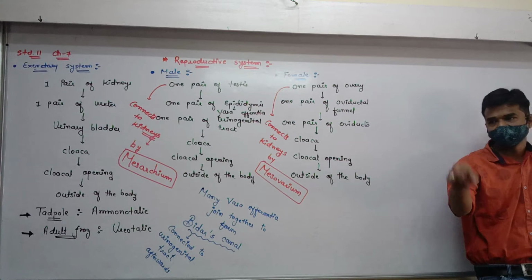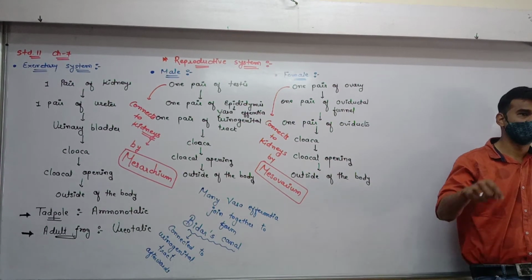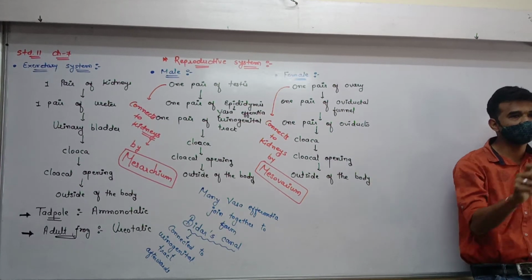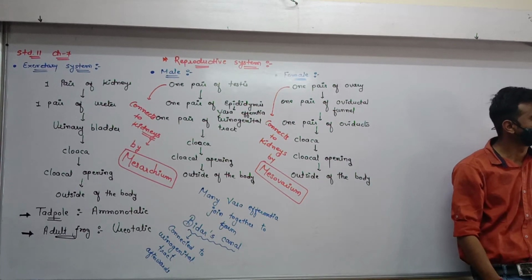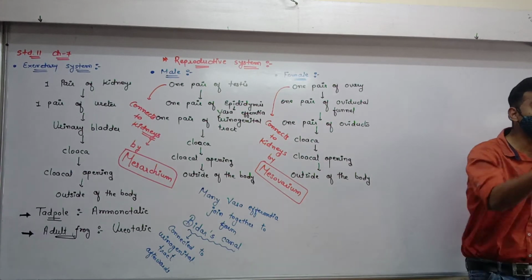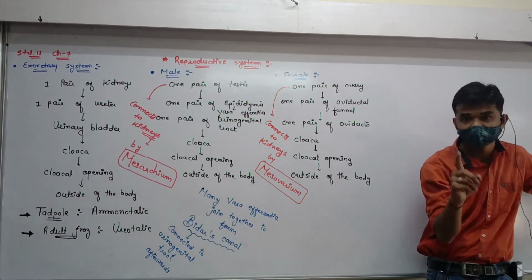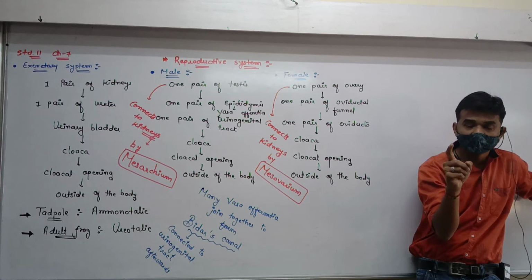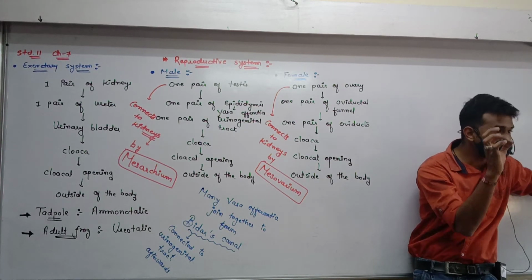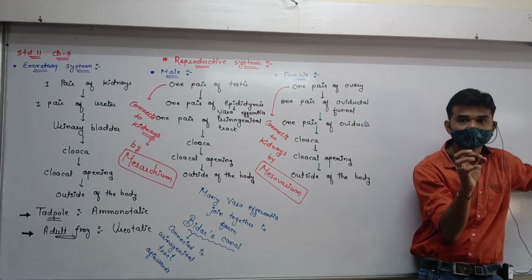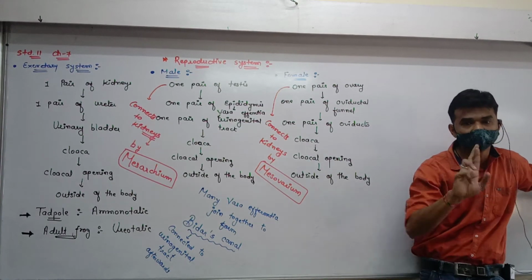What is fertilization? Entry of the sperm in the ovum. That procedure is known as fertilization. And after fertilization, the nucleus of the sperm and the nucleus of the ovum join together.